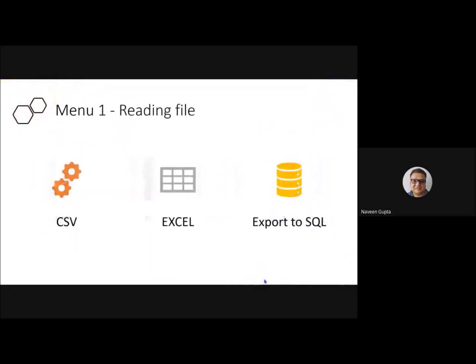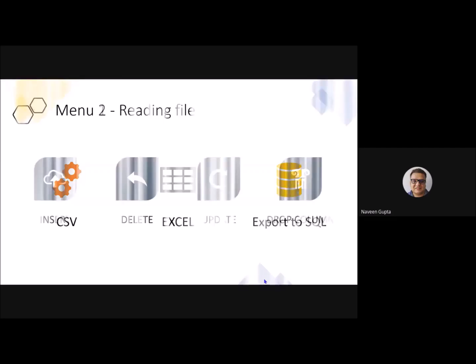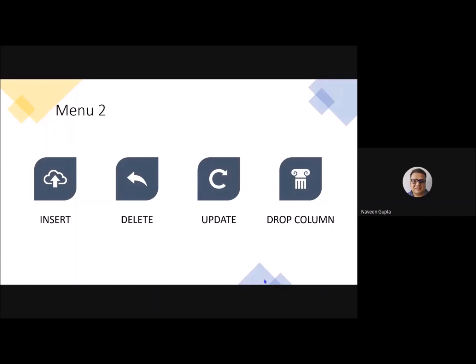Now, the first thing in the project: I'm explaining the menu. When we start the project, we can have 4 menus. Menu one is reading a file. We can read a CSV file, we can read an Excel file, or we can get data from SQL, or we can send the data to SQL as well. Menu 2 is where we can insert, delete, update, or drop a column.